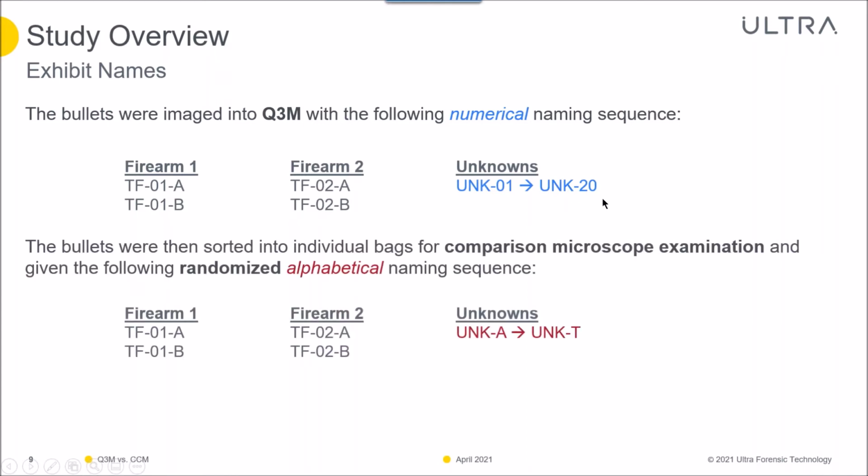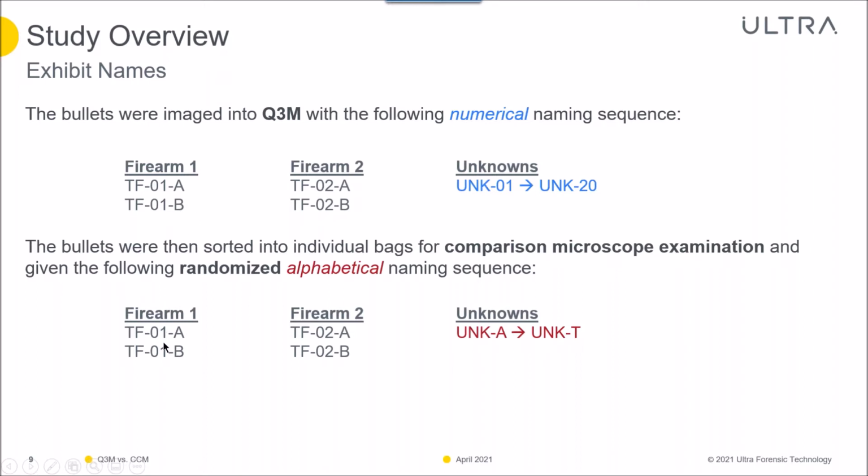With the acquisitions all completed, it was a matter of sorting them out now to be prepared for the comparison microscope portion of the test. They were all put in individual bags, and they were given a randomized letter value rather than the numerical value they had in Quantum. For the test fires, there's no reason to change those.